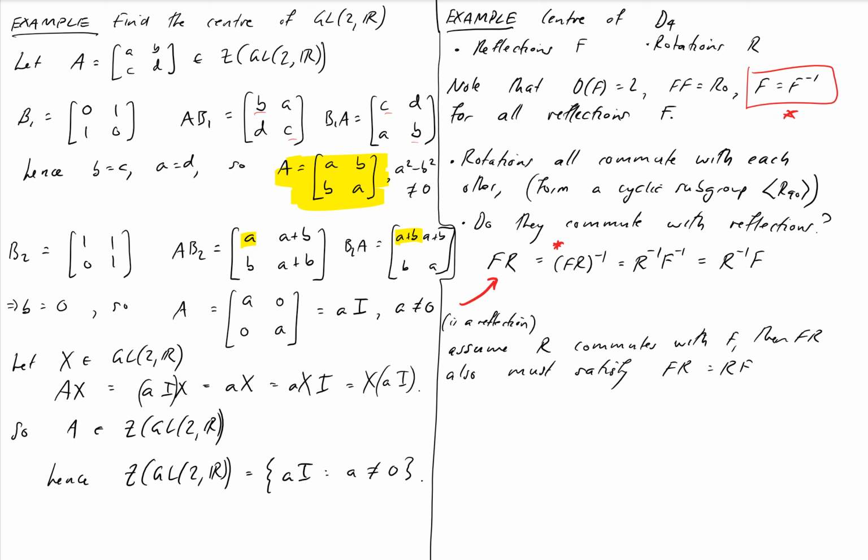Okay, so if we're assuming that our rotation is in the center, i.e. that it commutes with F, then that gives us this constraint to go with this one. So if R is equal to these two different things, therefore if R is equal to RF, which is also equal to R inverse F, and thus, by cancellation, R equals R inverse.